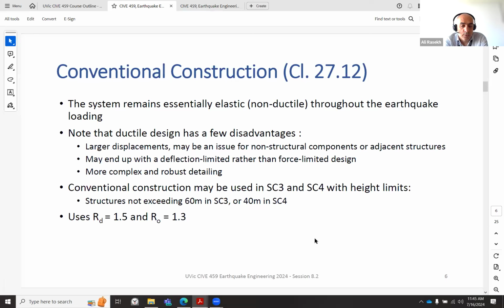However, saying all that, we still have Rd 1.5 and Ro 1.3, and if we multiply them, it's about 2. So you can still reduce your forces by a factor of 2.